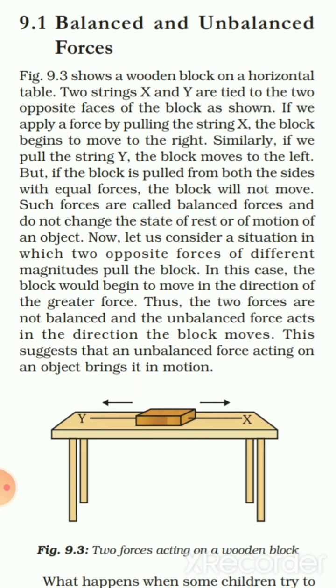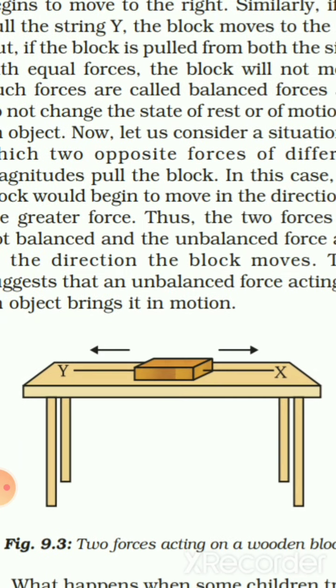It is placed on the horizontal table, and now it is at rest. Now if we pull the X string with some force, the wooden block starts to move in the direction of the X side. Okay, so the wooden block started to move in the east side, towards the X string.